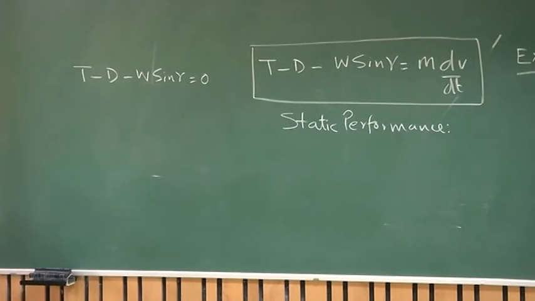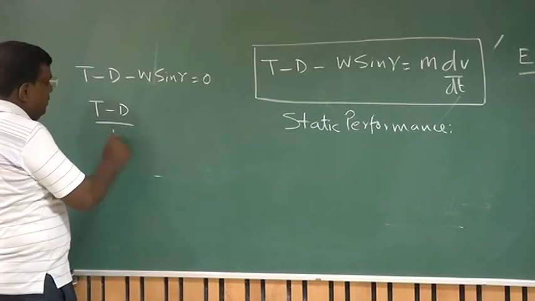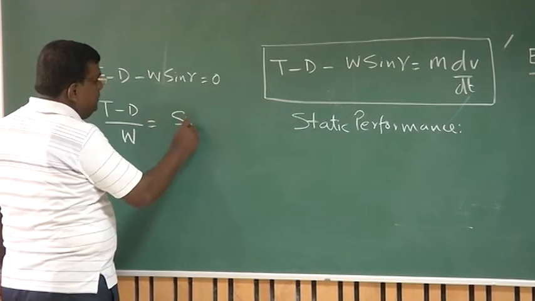It's a static performance. So what happens now? (T minus D) by W is sine gamma.